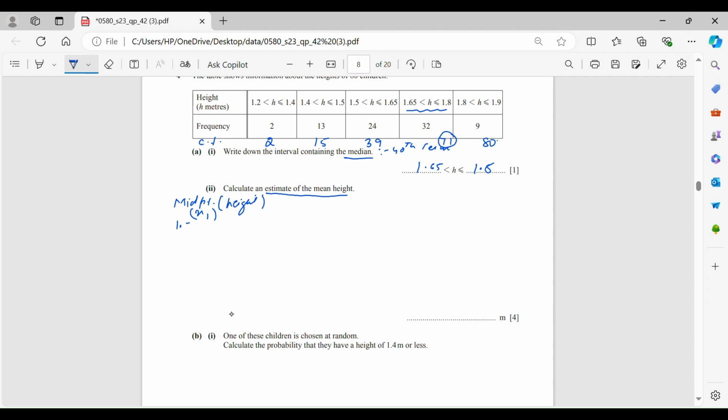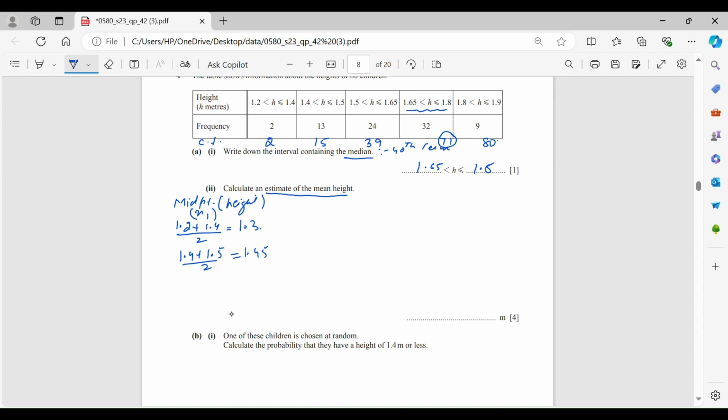So 1.2 plus 1.4 divided by 2 will be equal to 1.3. Now 1.4 plus 1.5 divided by 2 will be equal to 1.45.